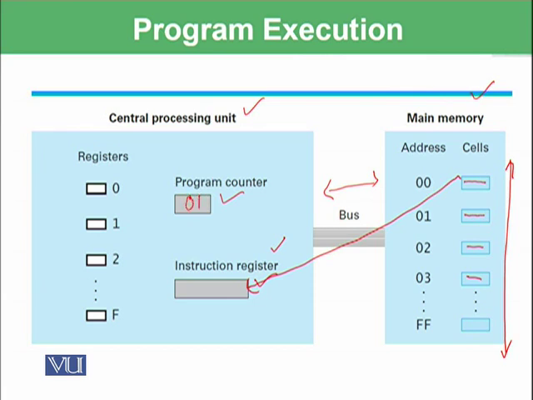It will be incremented by 1 when the next instruction is available in the next location. However, if our instruction comprises 2 bytes, then this addition would be of 2. Similarly, such a program will be executing, fetching the instructions, and the program counter will be pointing to the next instruction and executing that instruction within the central processing unit.